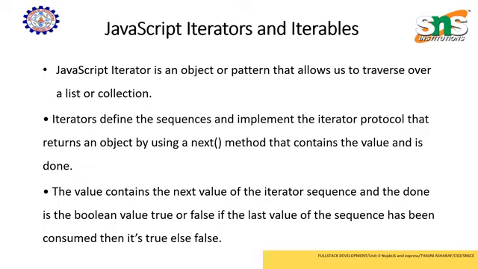The value contains the next value of the iterator sequence, and done is a boolean value of true or false. If the last value of the sequence has been consumed, then it is true, else it is false.